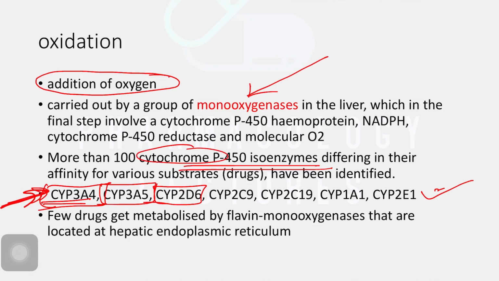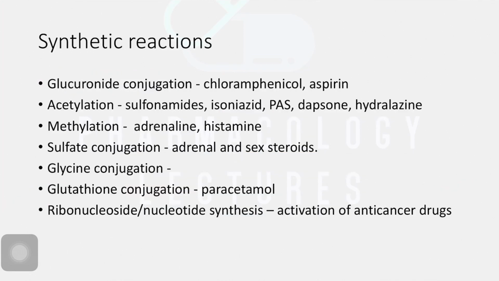It is written in short form as CYP, and then its family and subfamily, that is 3A4, 3A5, depending on that. There are also other monooxygenases like flavin monooxygenases that also carry out this oxidation process. But the important oxidation reaction is carried out by cytochrome P450 isoenzymes and their families.